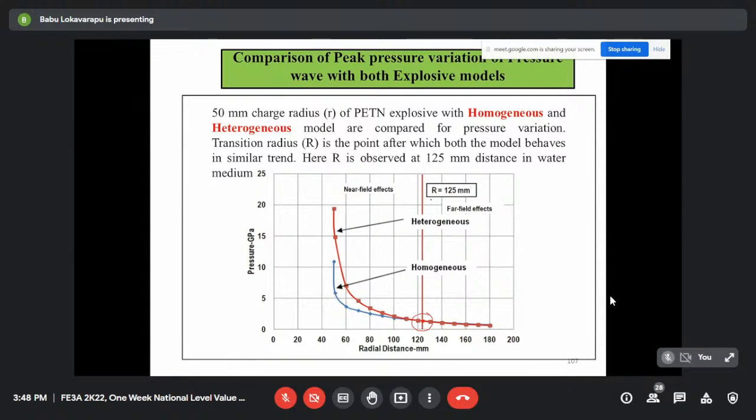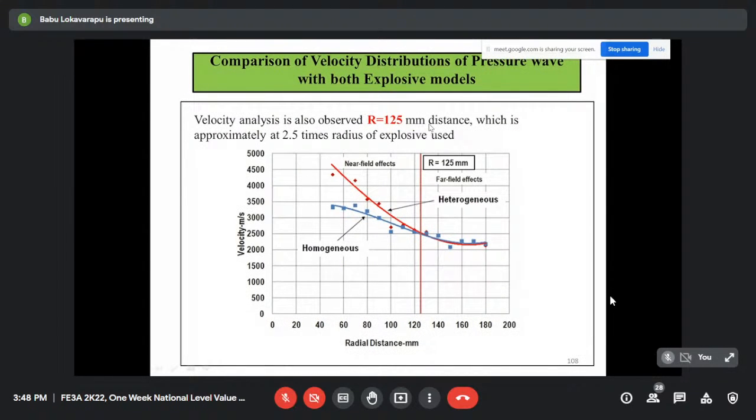125. So if I take R equal to 125 and keep anything here, on the right side, they're safe. Similarly, for R equal to 125 distance, you can see here, for velocity, homogeneous and heterogeneous.